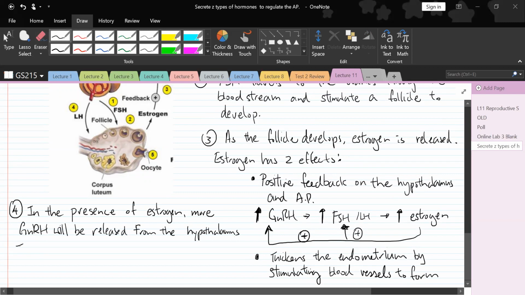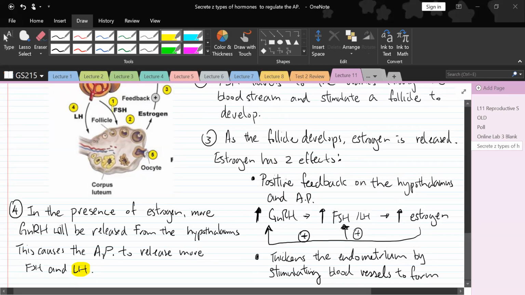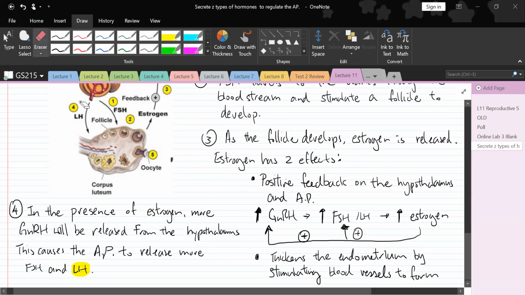This causes the anterior pituitary gland to release more FSH and LH. Now, this is the second time around, the second loop. This time, the LH is the key one that is dominating. So that's what's happening here.